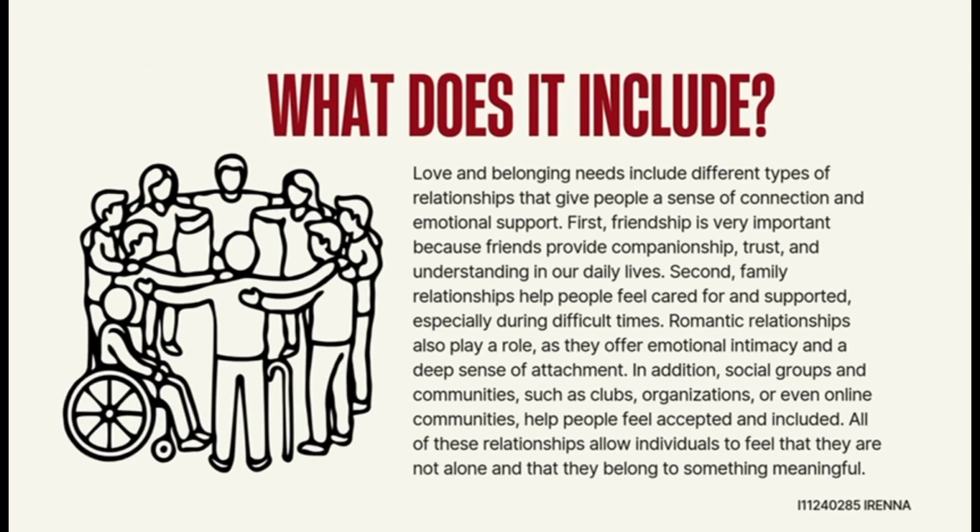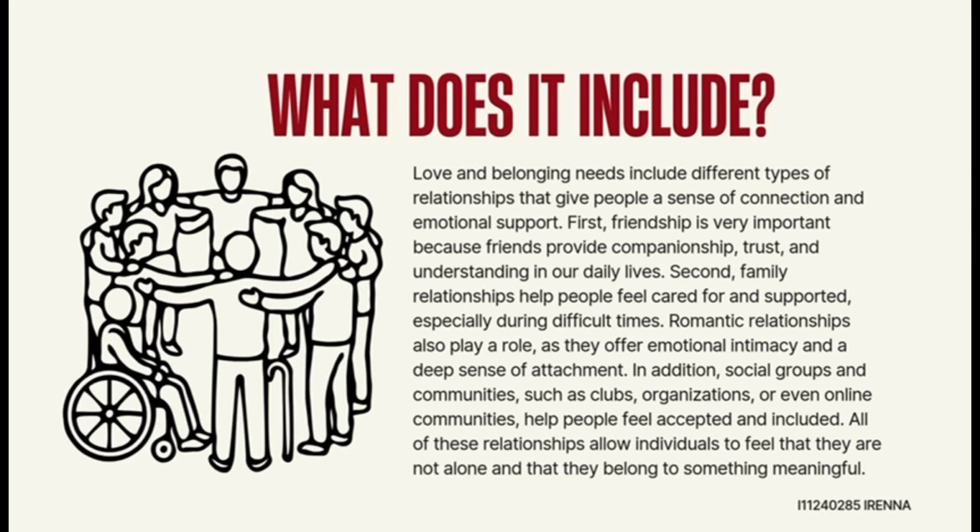What does it include? Love and belonging needs include different types of relationships that give people a sense of connection and emotional support. First, friendship is very important because friends provide companionship, trust, and understanding in our daily life. Second, family relationships help people feel cared for and supported, especially during difficult times.